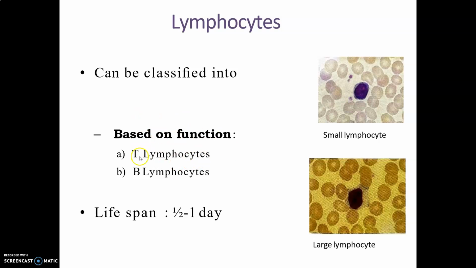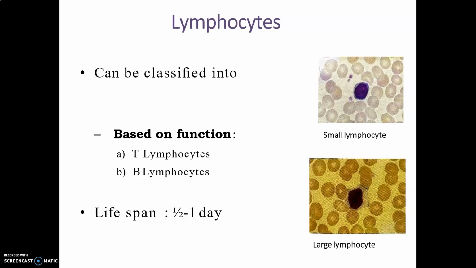The T lymphocytes are involved in the cell-mediated immunity, in which the T lymphocytes can be either the T cytotoxic, T helper, or the T memory cell. So there are three different types of T lymphocytes which are formed once they encounter any pathogen. The T cytotoxic cells themselves help in killing the pathogen.